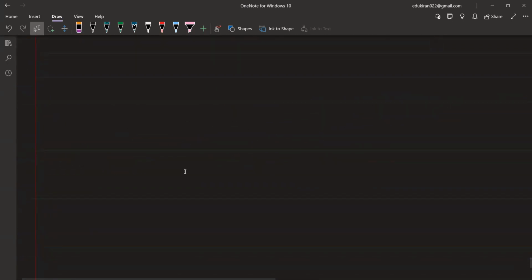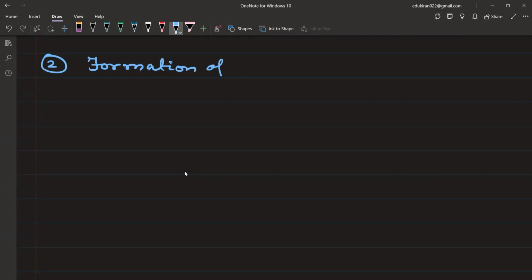So acidic character is completed, right? Next, the second type of reaction is formation of anhydride. So you need two molecules of carboxylic acid.